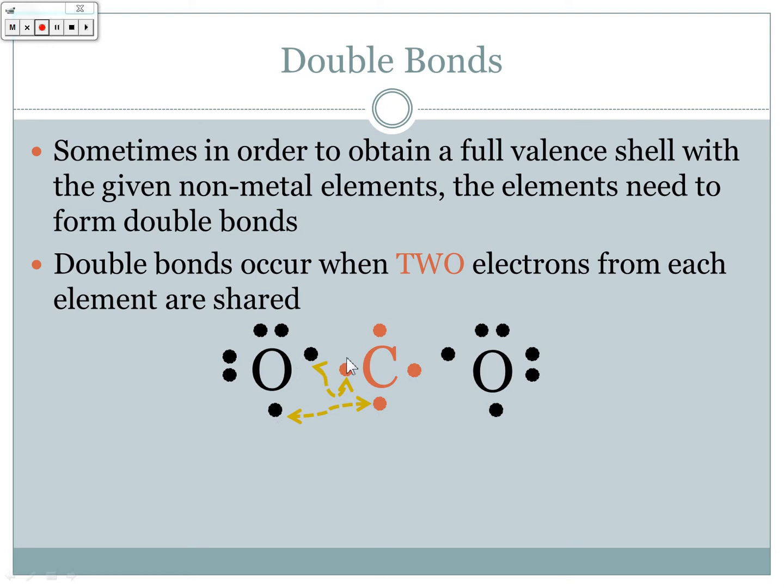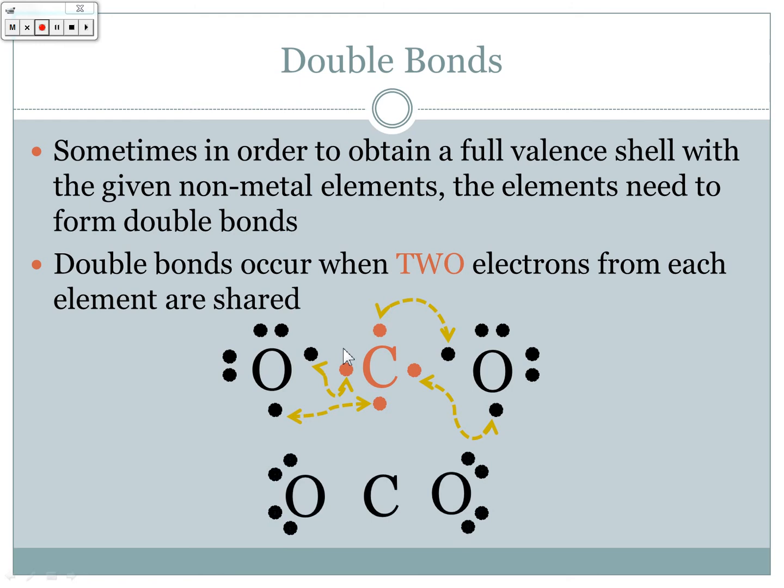They're each sharing 2 electrons, 2 here and 2 here, to form 1, 2, it's a double bond. And then over here, these 2 electrons will form a bond, and these 2 electrons will form a bond. And so you'll be forming 2 double bonds. Carbon forms 2 double bonds with 2 different oxygens.